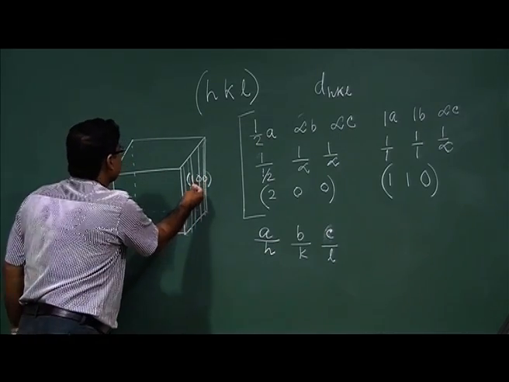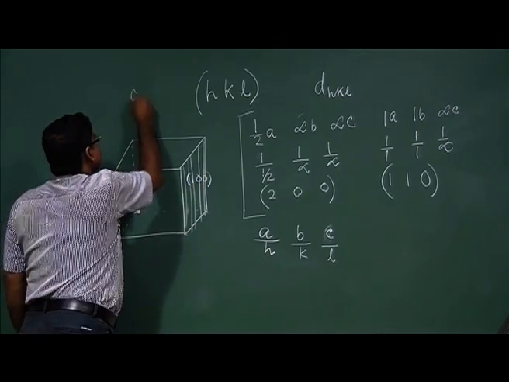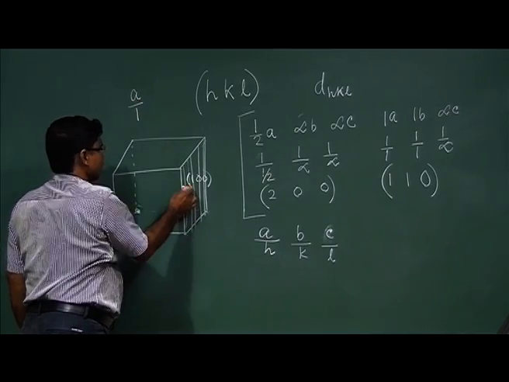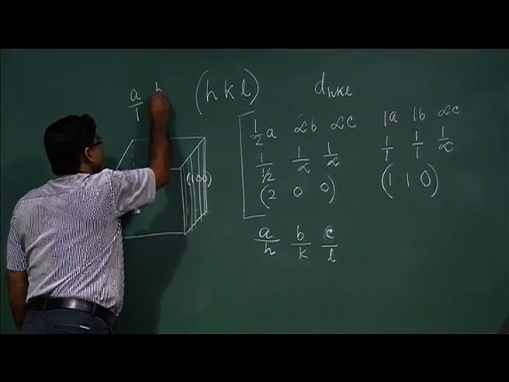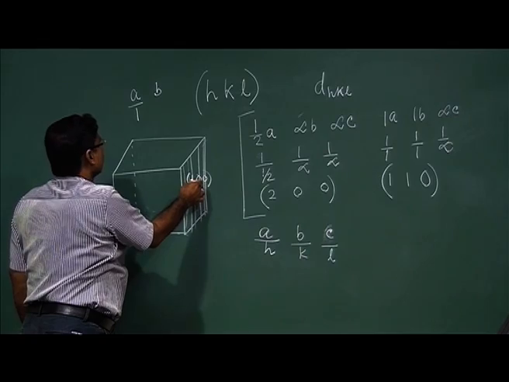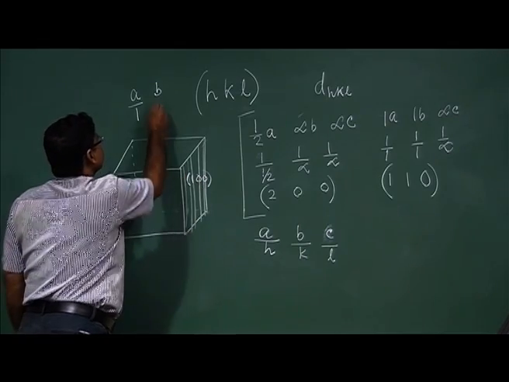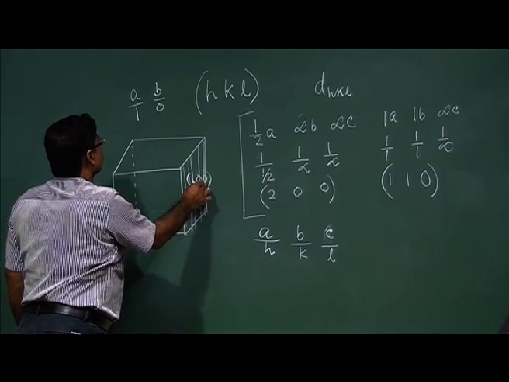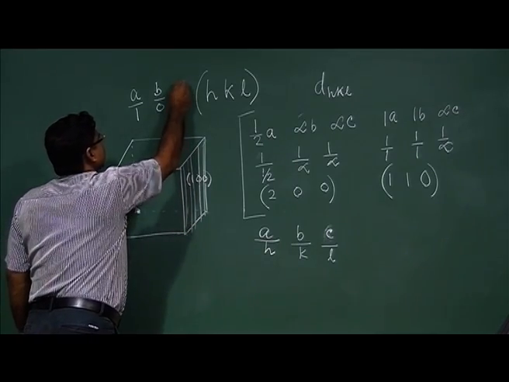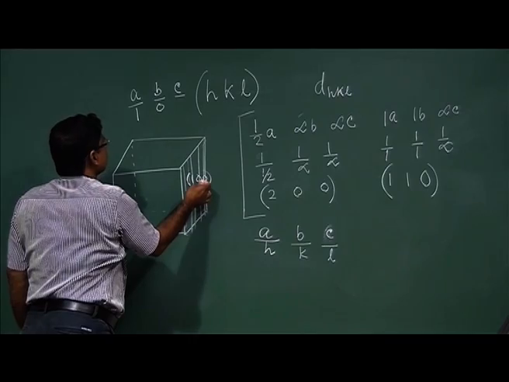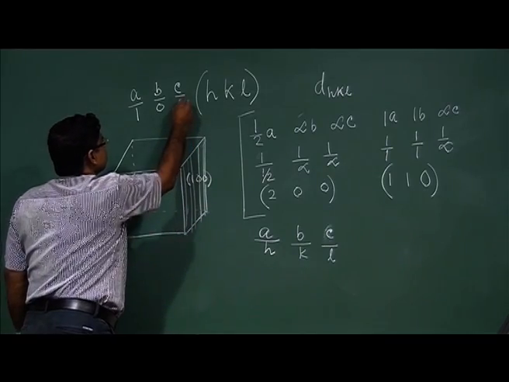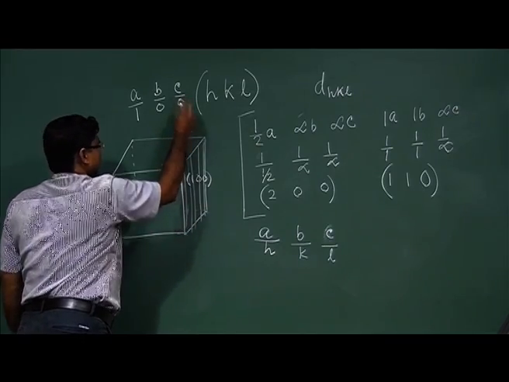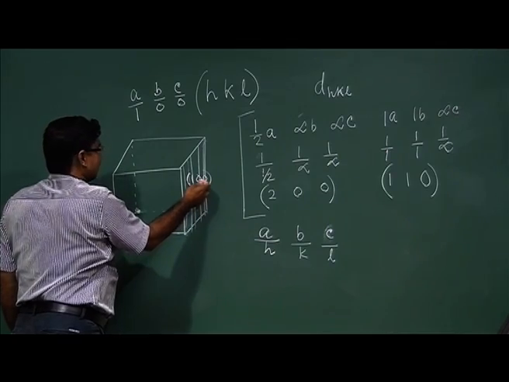It will intersect on the axis at a by h, meaning a by 1; b by k, where k is 0; and c by l, where l is 0.